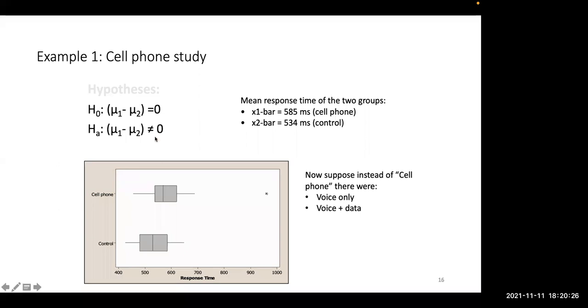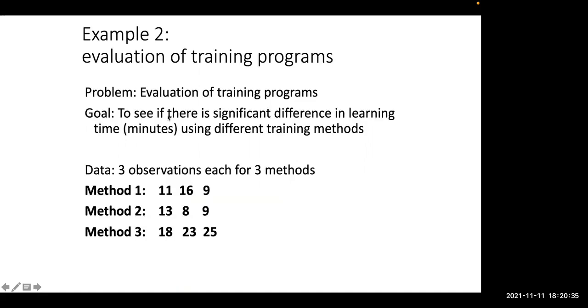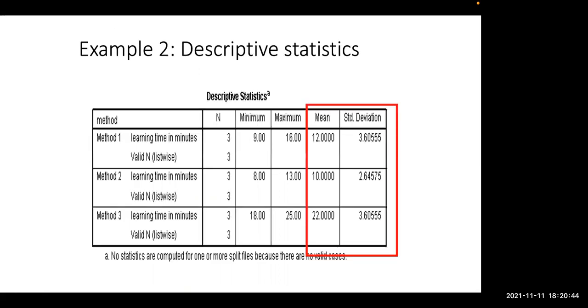With two groups, it's easy because you only have mu1 minus mu2, which is equal under the null hypothesis. If you're adding a third group, you get basically three different groupings and three different reaction times. So if you want to see a significant difference here, you could hypothetically compare each group individually. That is method 1 versus method 2, method 1 versus method 3, method 2 versus method 3.